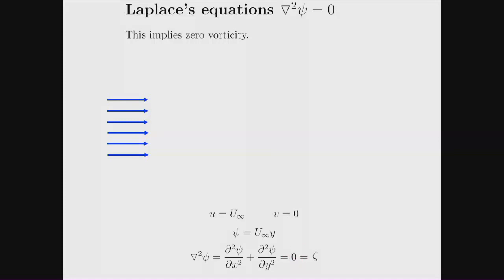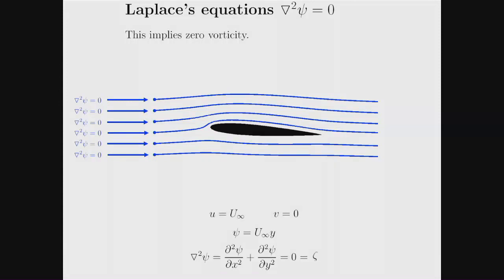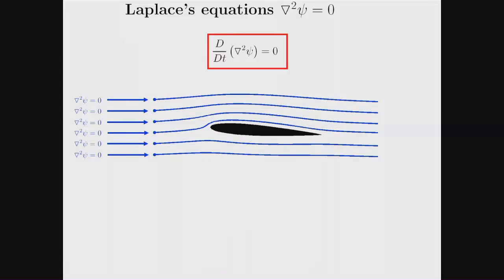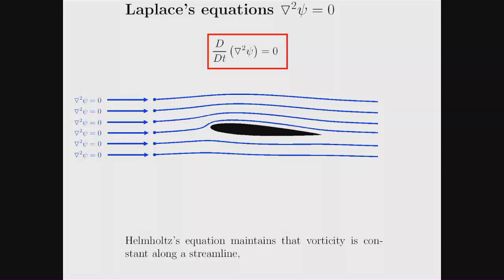Okay, and if it has 0 vorticity, it basically satisfies my Helmholtz equation, which means that it satisfies the continuity equation and also my momentum equations. Okay, so you can see that vorticity is constant along streamline, which is 0. Okay, so the flow is irrotational everywhere.